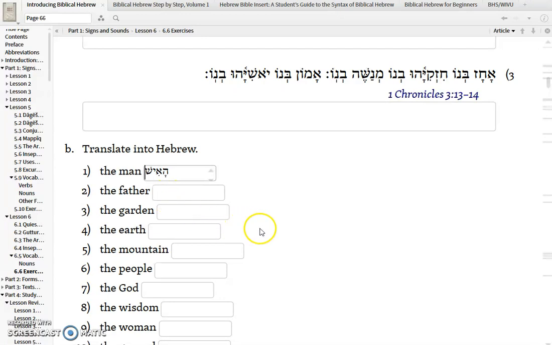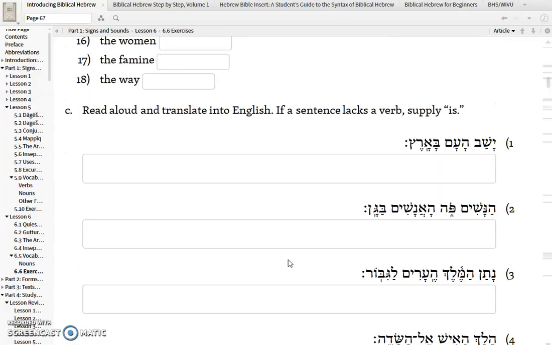And on down the list, most of these have either compensatory lengthening or virtual doubling or one of those irregulars that he just gave you a list of, or in some cases it has like the mountain where the vowel changes under the article, heharim instead of haharim, and so on and so forth.